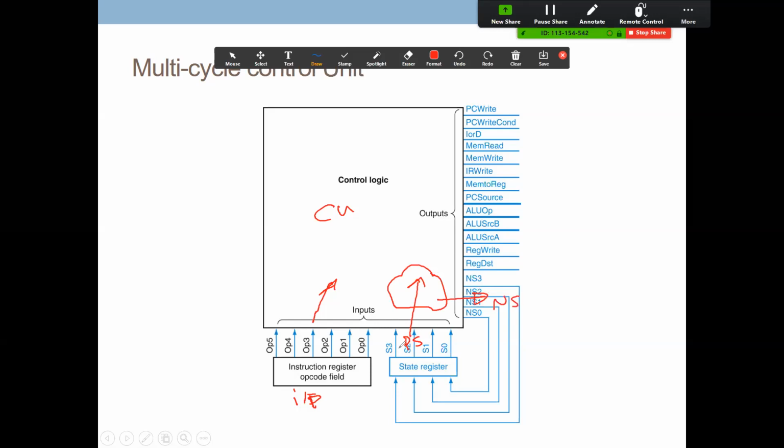Notice, as we said, since I have 10 states, I need 4 flip-flops: 1, 2, 3, 4.